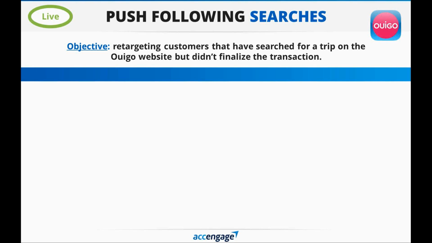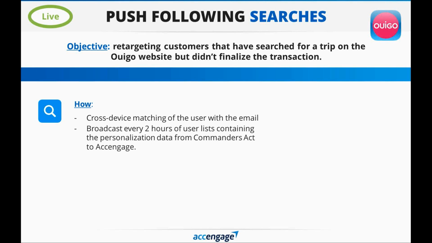So first use case is very interesting. It's being able to send targeted mobile push following searches that have occurred on the Ouigo website. Here we're really retargeting customers that have made a search for certain trips or a certain bus trip on the Ouigo website, but haven't finalized the transaction.